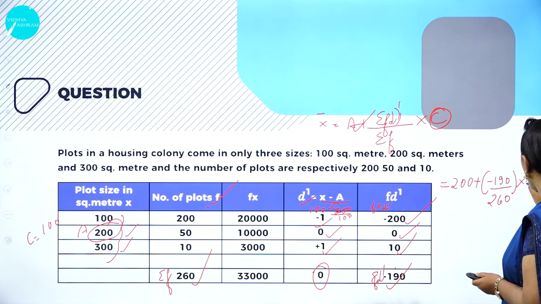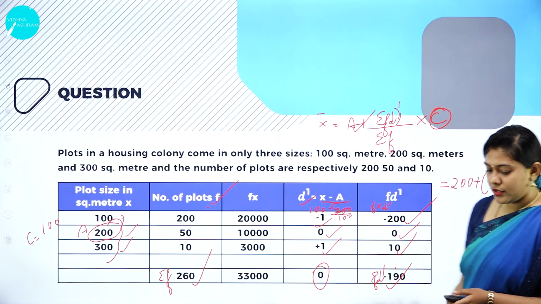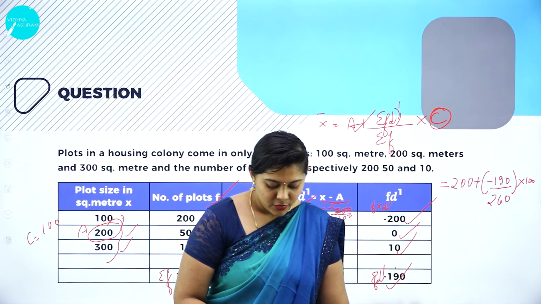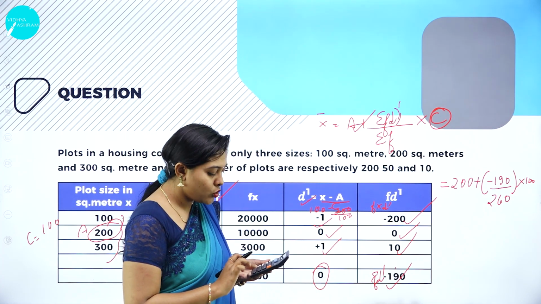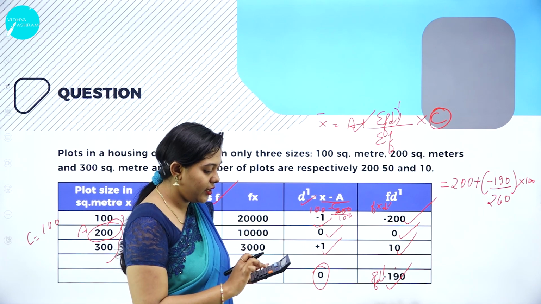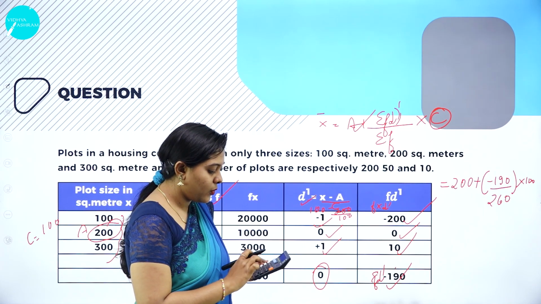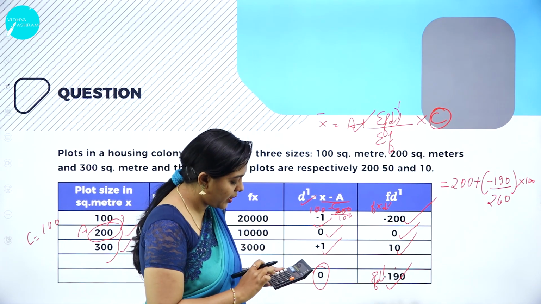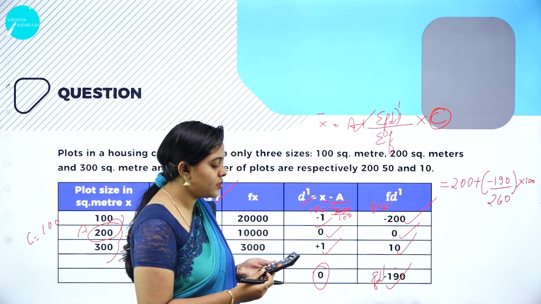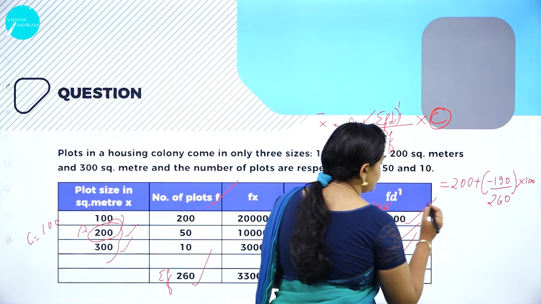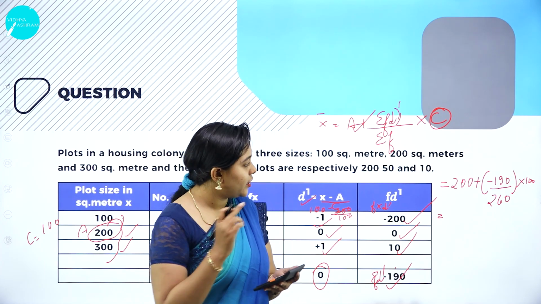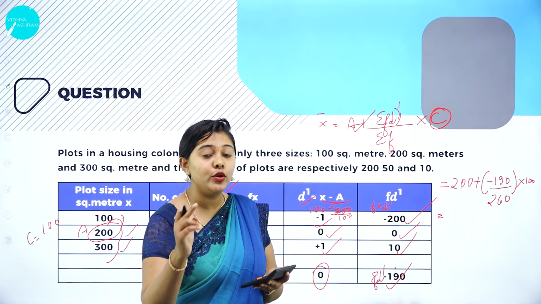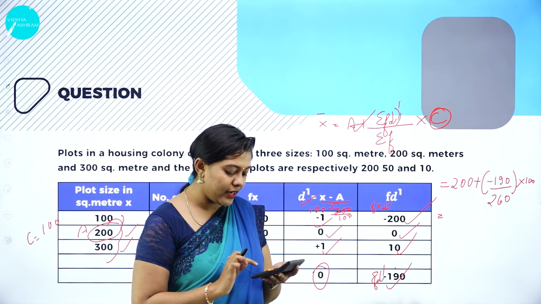The common factor is 100. Now let's use the calculator and find the answer. Minus 190 divided by 260 into 100. How much will the value be?